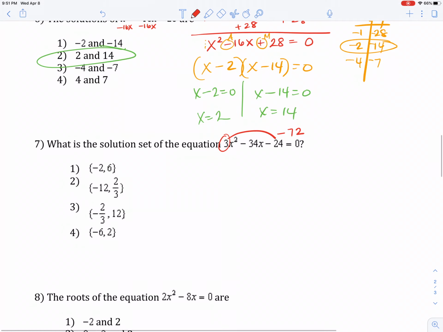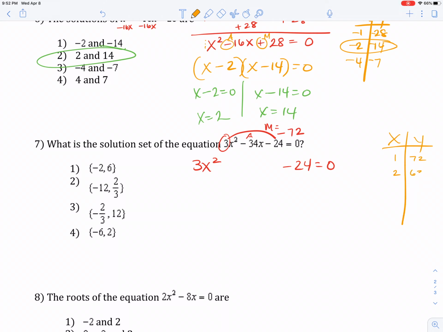12, negative 72 is the multiply number. The add number is negative 34. So I'm going to bring down the 3x squared, bring down the minus 24 equals 0, and we have to find the two numbers that multiply to negative 72, add to negative 34. 72 has a lot of factors. 1 times 72, 2 times, I just mix up the numbers, 36, 3 times 24, 4, does 4 go into it?